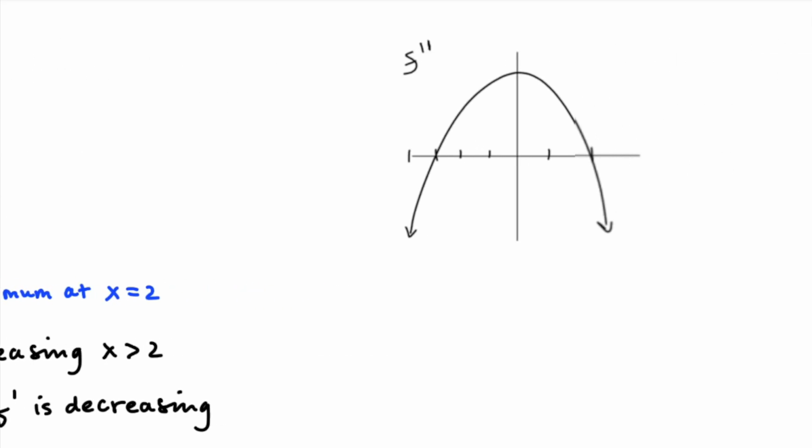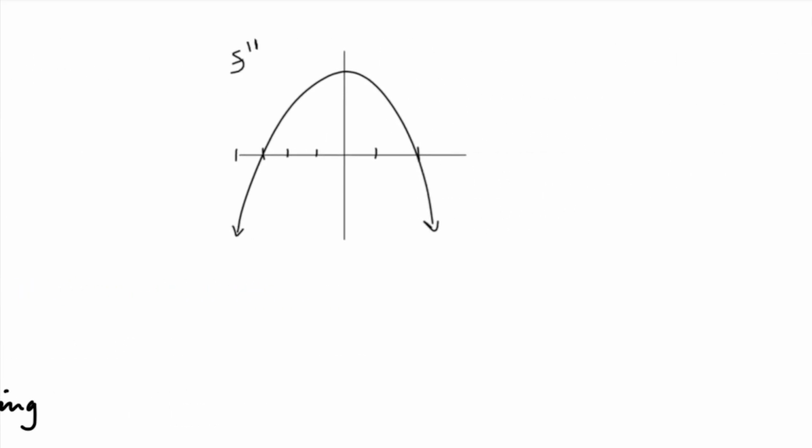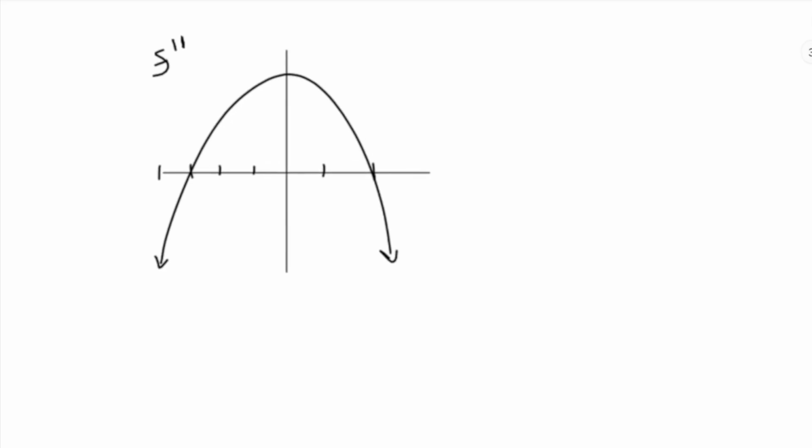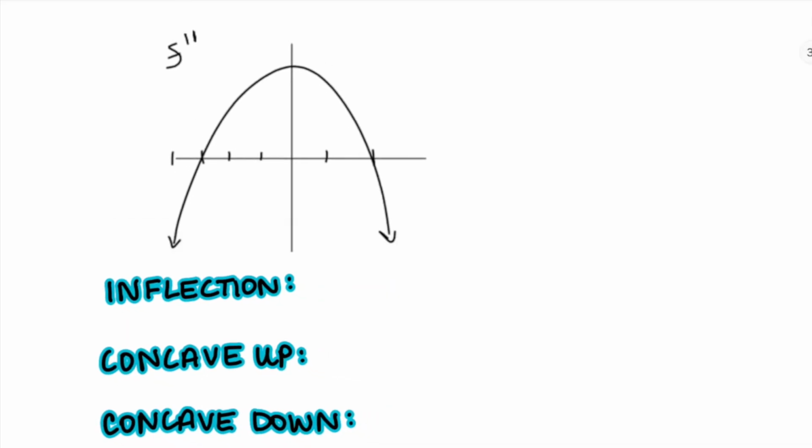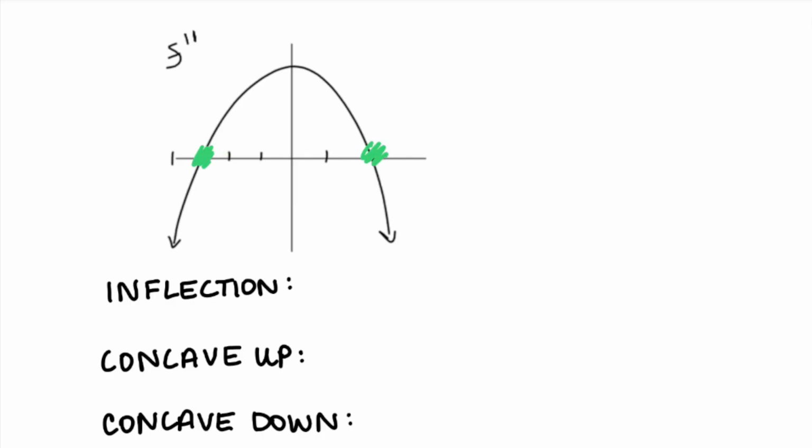Okay. Now, when we shift over here to the graph of f double prime, this is a different consideration. For a point of inflection, we are interested in the sign changes of f double prime. Okay, so I'm going to say, all right, well, where's the sign change? That would be here and there. That's at positive 2 and negative 3. So x equals negative 3 and x equals 2, and my reason would be f double prime changed signs.